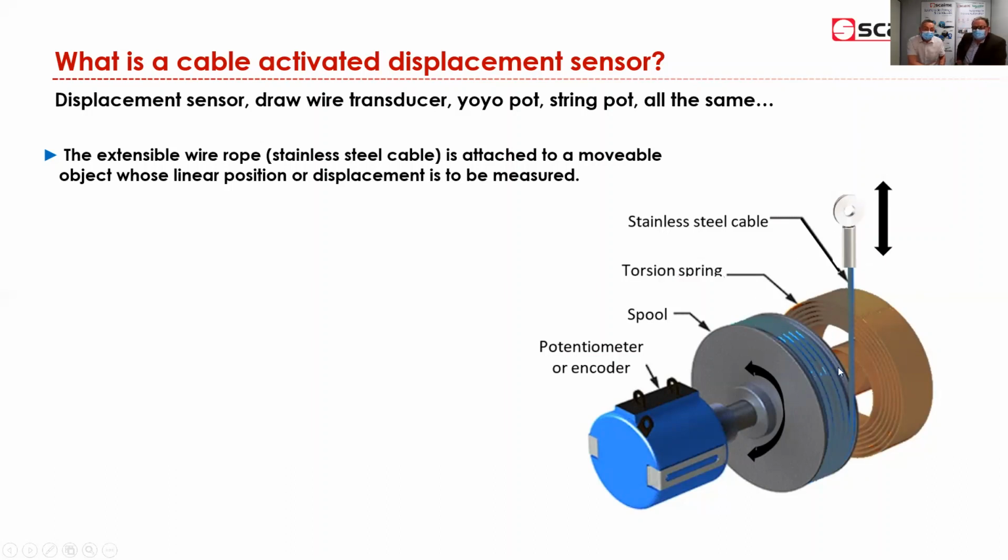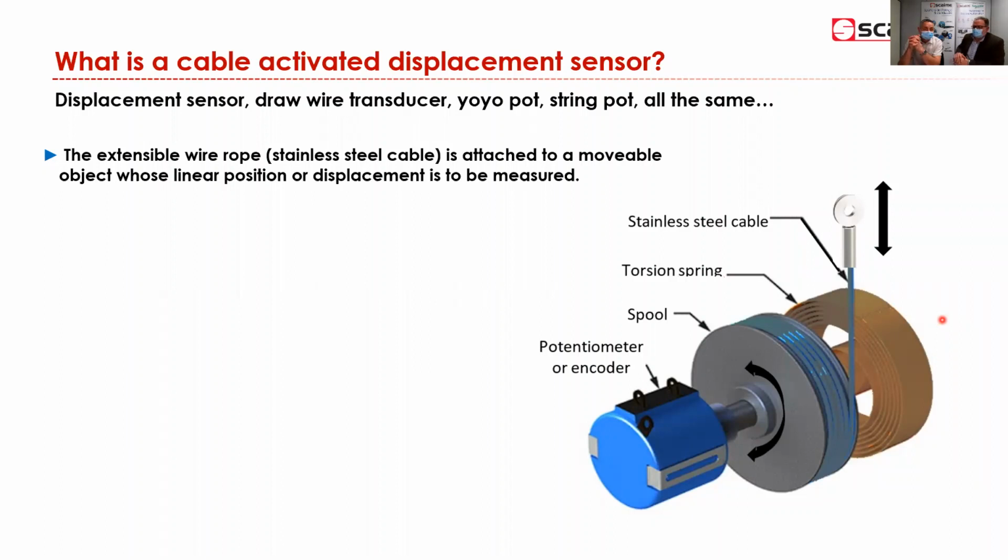Attached to the spool there is a spring, and there is another part, a potentiometer or encoder. This part will give you the electrical signal to use. And the spring is used to keep good tension on the cable, so there is no sag, to be sure of the accuracy of the measurement.